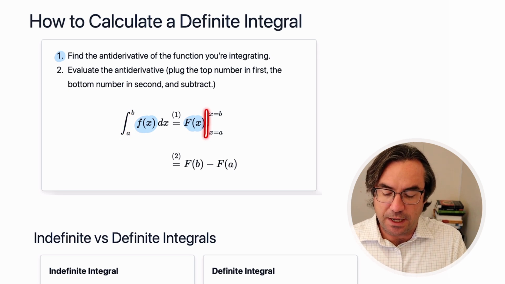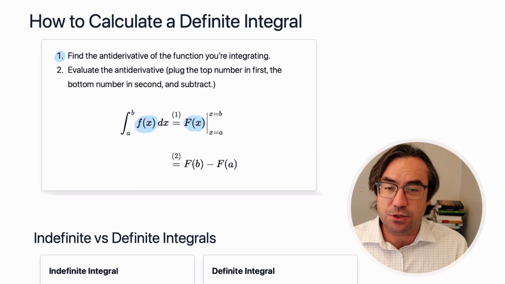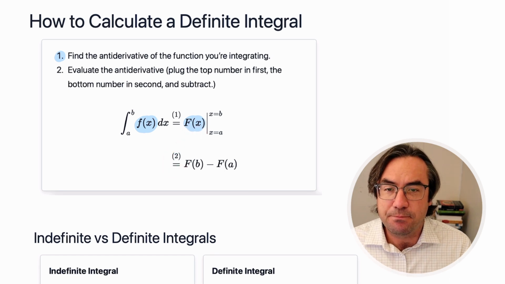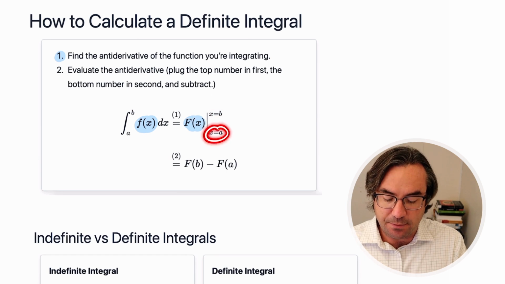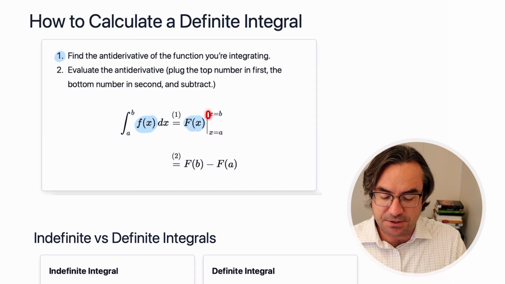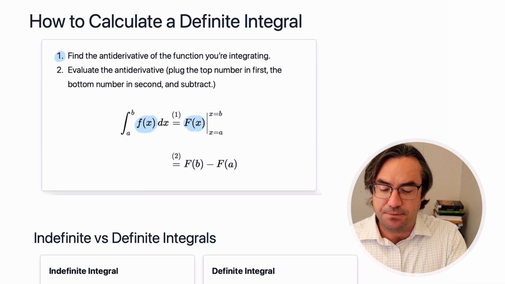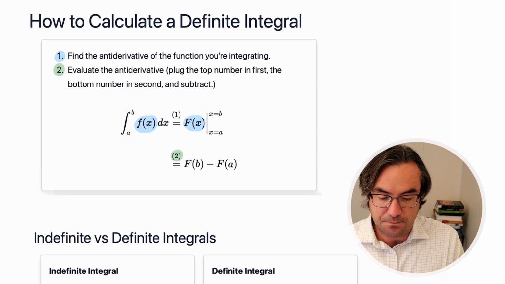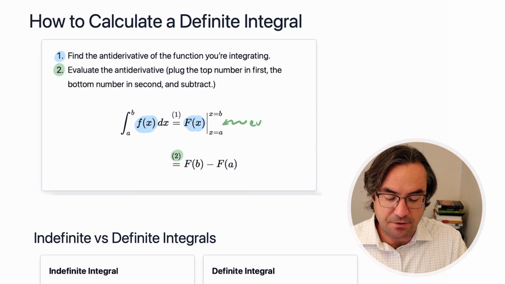Then, in a separate step, we take the top number, plug it in, take the bottom number, plug it in, and then we subtract. That's really what this vertical line means. It means do the evaluation. So this is our evaluate line.